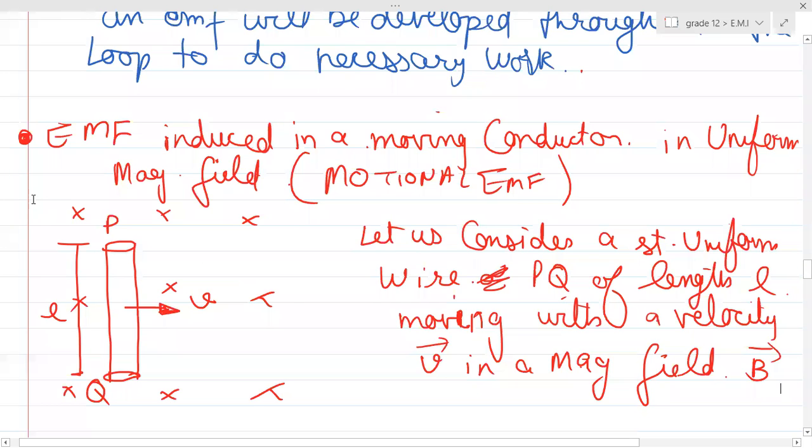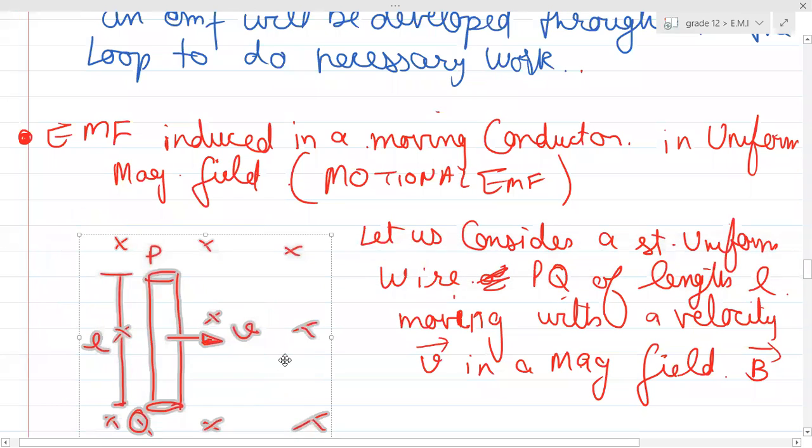Is this clear, guys? Is the opening statement clear? We are moving this wire with velocity v in the magnetic field B. So can you see when this rod will be moving, it will be cutting the field lines? Yes or no? Will it be cutting lines?